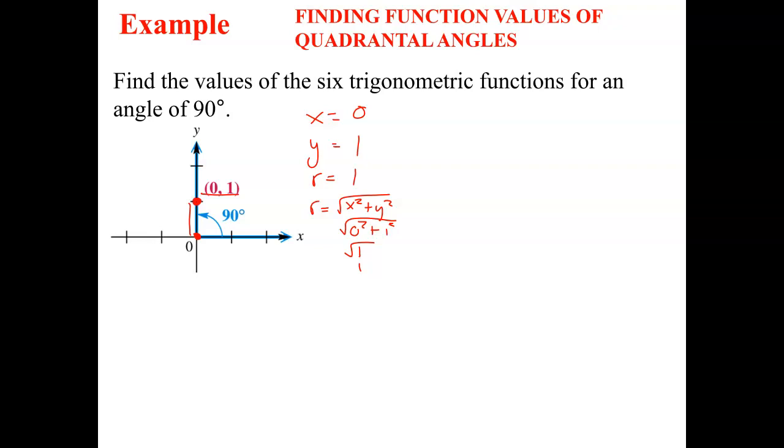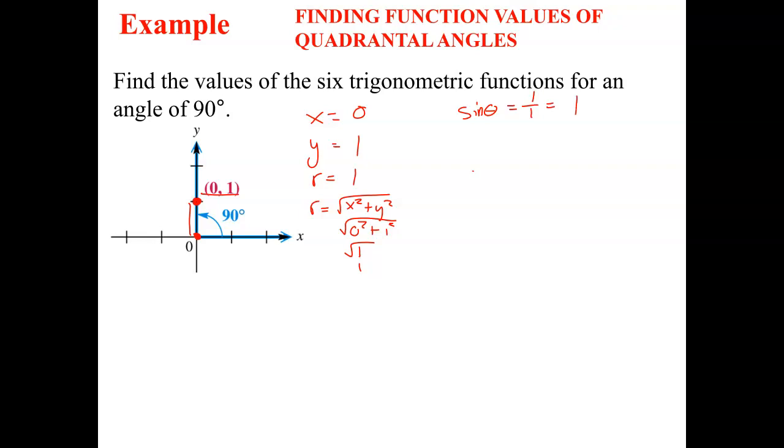Alright? So now that I've got my 3 pieces of information, we can go ahead and find sine, cosine, and tangent, right? What's my ratio for sine going to be? 1 over 1, which is just 1, right? Okay?